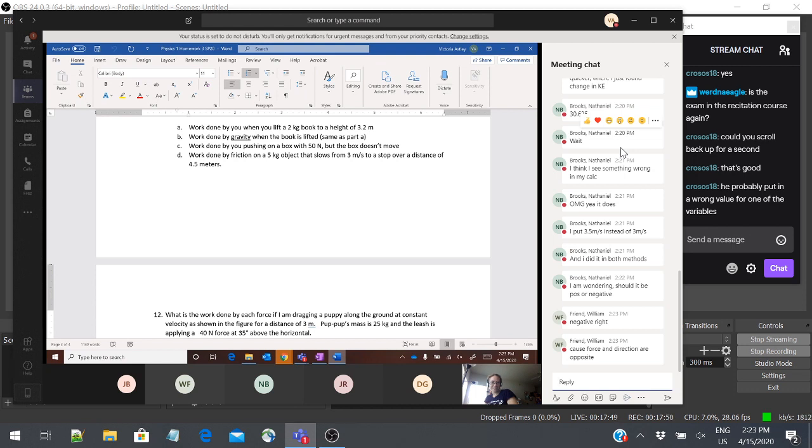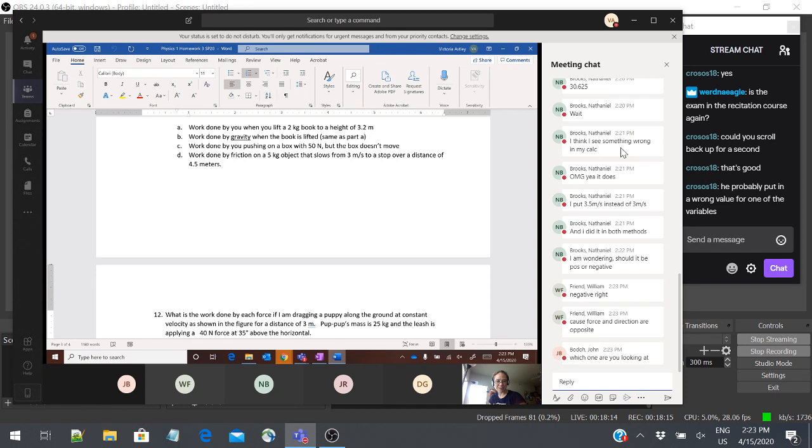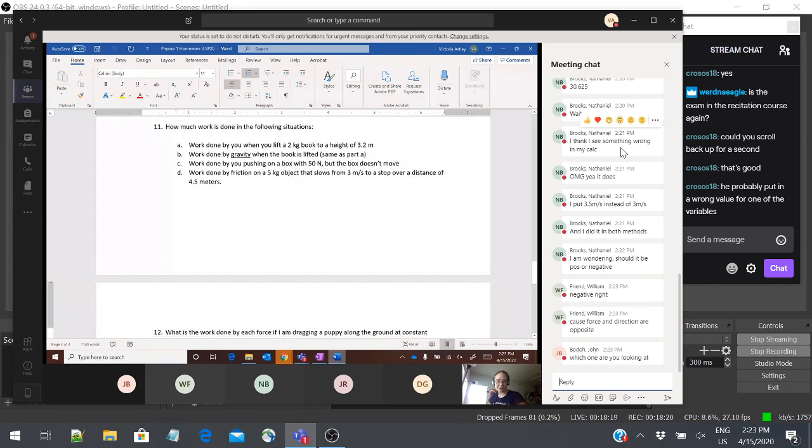I'm not going to say one way or the other immediately because I've got about 7 or 8 people here, and I want to see if they have anything to offer. We are looking at 11D, and we are currently talking about whether that will be positive or negative.